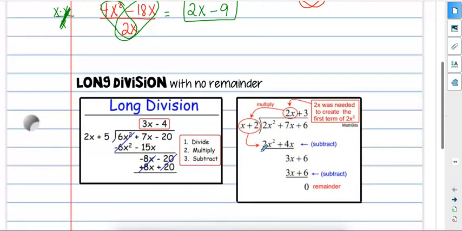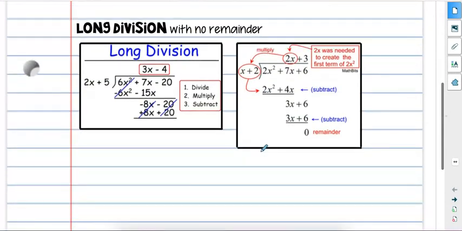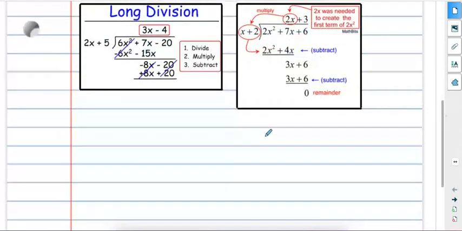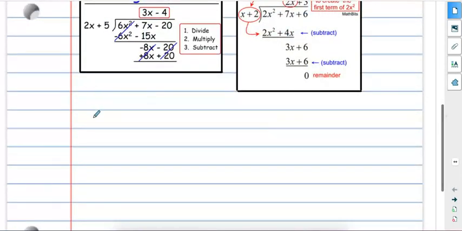So the next step is we're going to learn how to do division, but long division with no remainder. Okay, so this is pretty much how the steps are going to look. And what I would like to do is talk about when we can actually apply. So let's write this down.